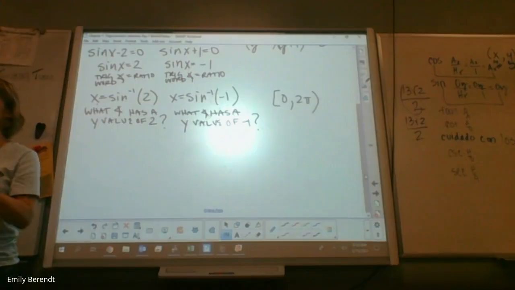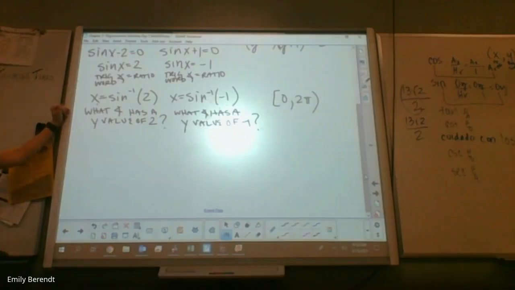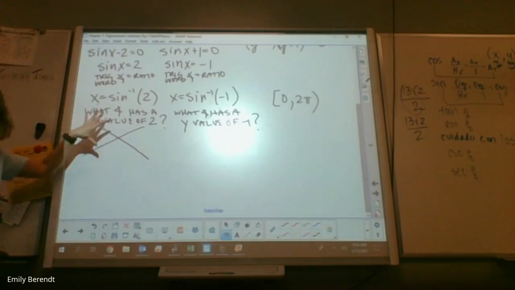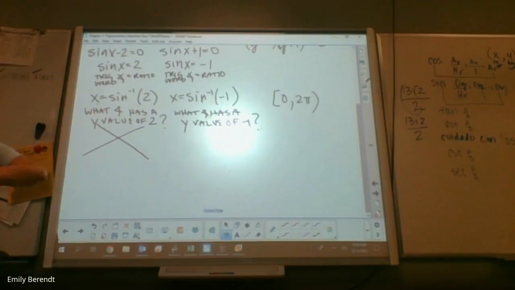So what's the furthest y value? 1. And what's this question saying? It's saying what angle has a y value of 2? What angle on the unit circle has a y value of 2? Nothing. No answers come from that. No solution comes from this part. There's no answers. Don't write no solution, because we'll only write no solution if no answers come from either part. So boop, boop, X that out, can't work.